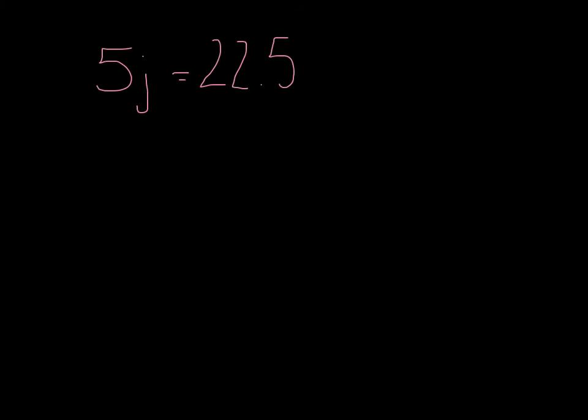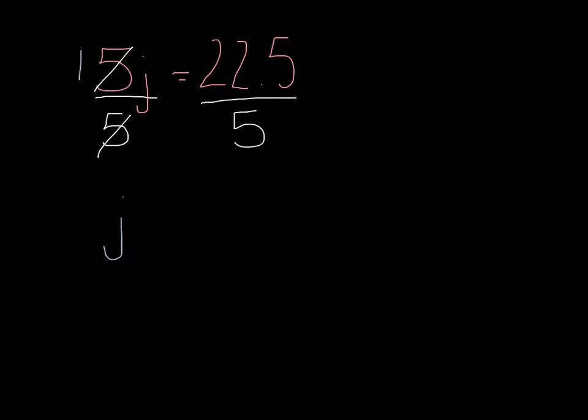So in order to do that, we do the inverse operation. So we divide by 5, because 5 divided by 5 will equal 1. And now we have j all by itself. Since we did 5j divided by 5, now we have to do 22.5 divided by 5.